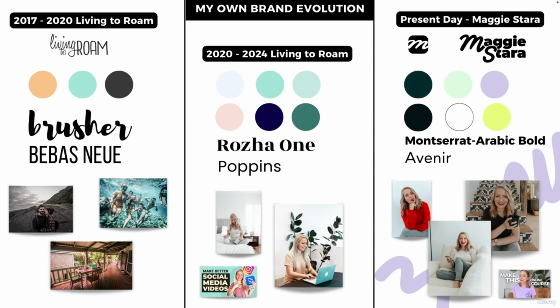And then in 2024 is when I started working on the business as my own personal brand under my own name. And so my color scheme, my logo, my fonts, and even the images that I'm using are now so much more catering to my ideal student and my ideal customer. And the brand is bold, it's professional, it's a little bit playful.